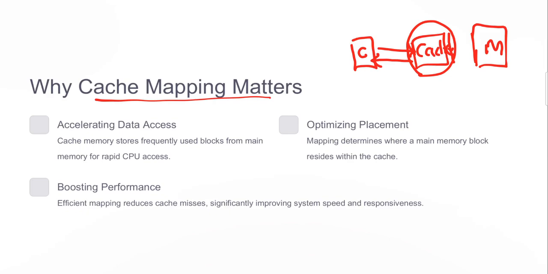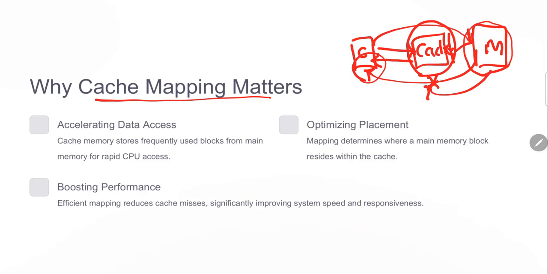But if it is not available in cache memory, then the main memory is accessed by the CPU, and it reads the word from the main memory. At the same time, the block of words that was just accessed by the CPU is transferred into the cache memory.